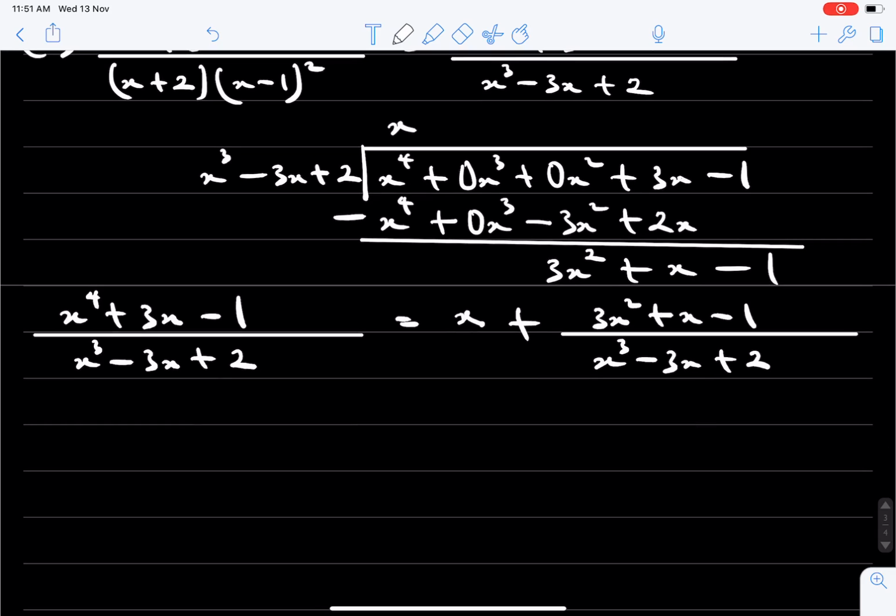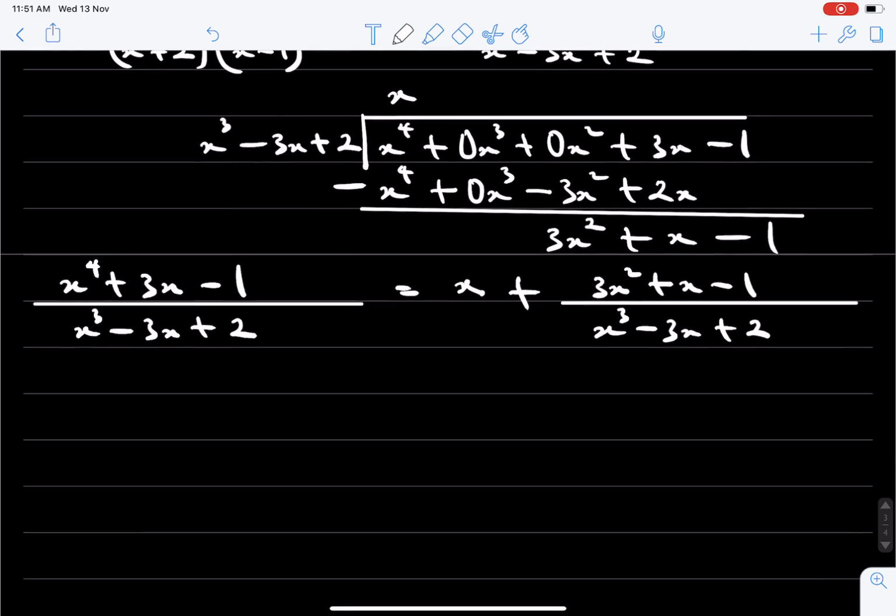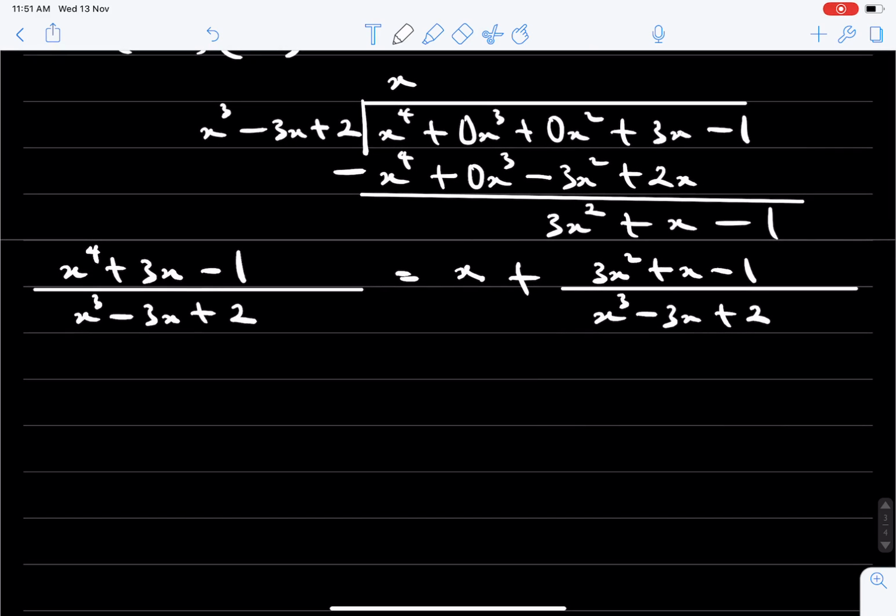Now we can see that the fraction has been reduced to a quotient and a proper fraction. So we go ahead and split that proper fraction into partial fractions.